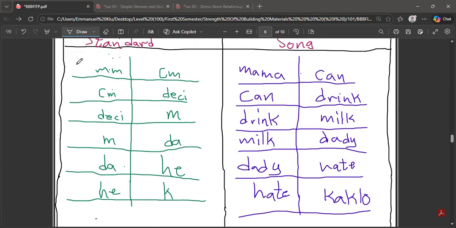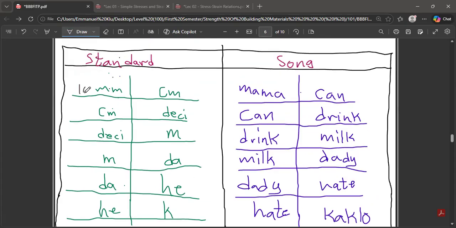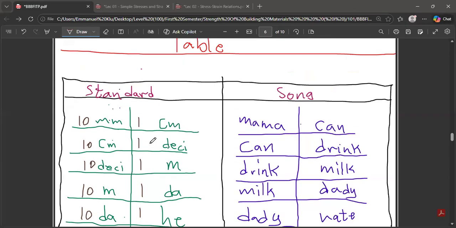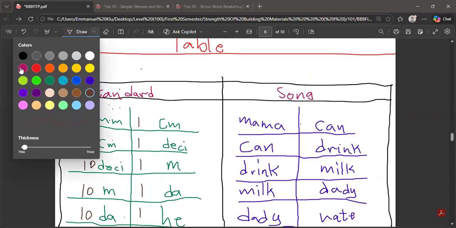I write 10 over here, 10 over here, 10 over here, 10 over here. So continue to write 10 throughout. And when you are done, when you come to the right-hand side, you write 1, 1, 1, 1, 1, 1. I hope we are all good to go.